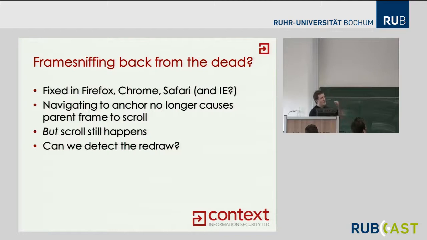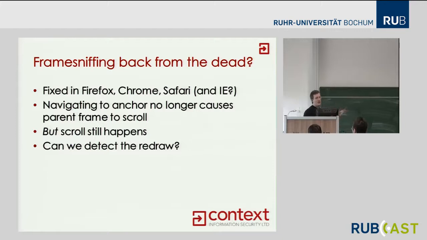But the actual scroll itself still happens. So when I navigate to an anchor in an iframe, if that ID exists on the page, then the browser will scroll down to that point on the page. When the iframe scrolls, the browser has to redraw the iframe. It has to render the new content that's appeared when the scroll happens.